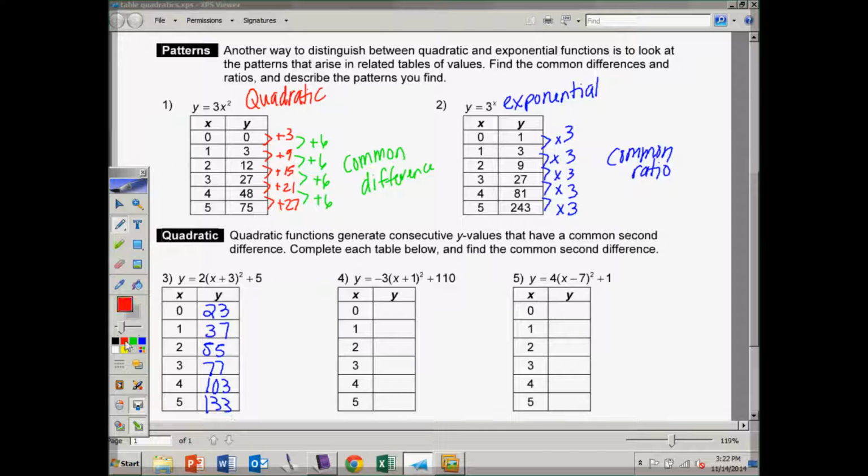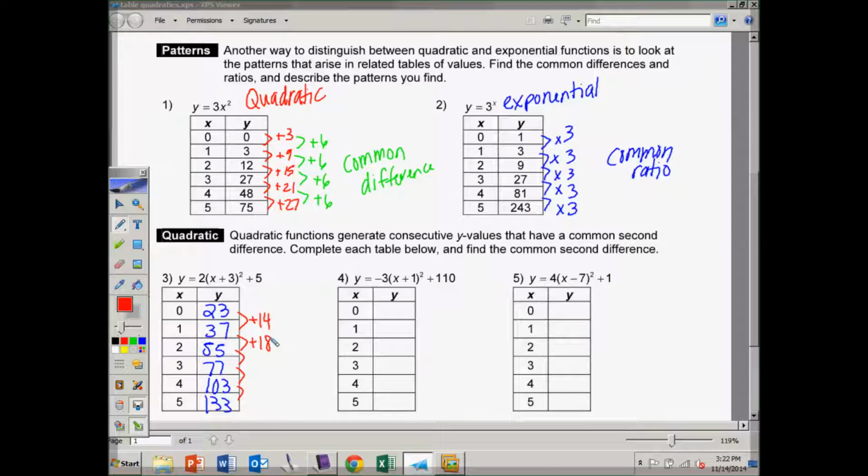Okay, good job, guys. So, how'd I get from one to the other? How do I get from 23 to 37? Plus 14. From 37 to 55? Plus 18.